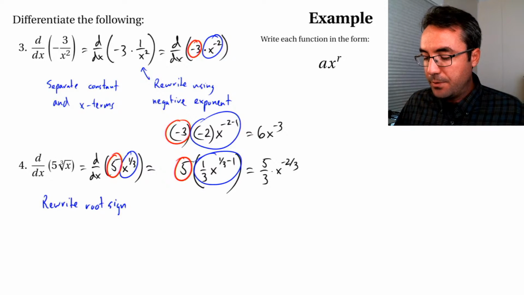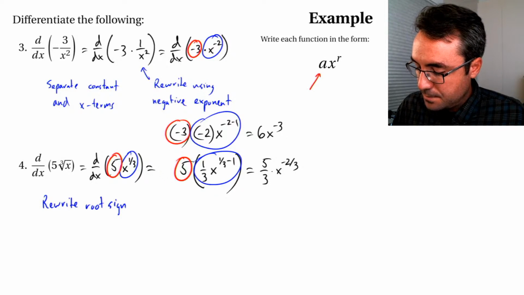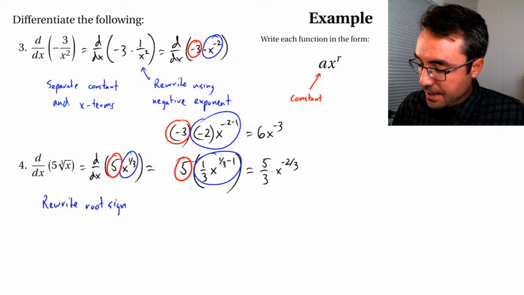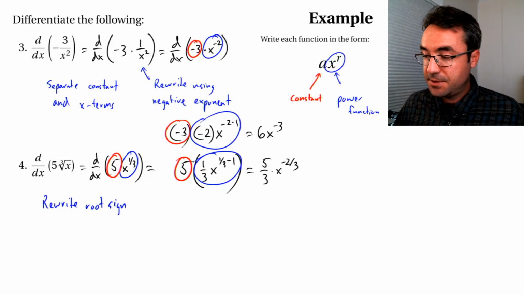So really what we've seen here is that when we have a constant term times the power function, how do we go through the derivative process?